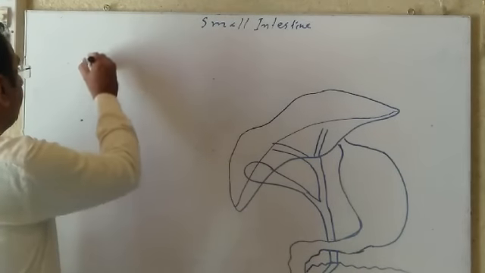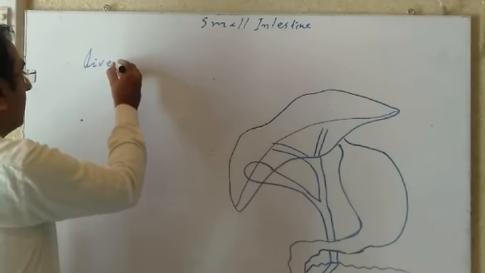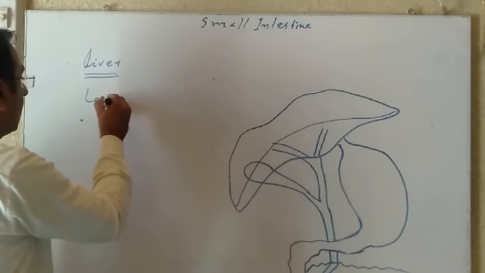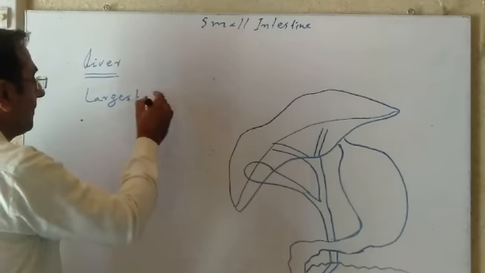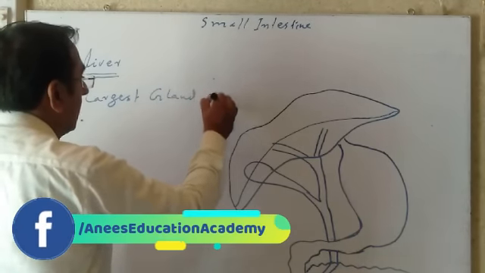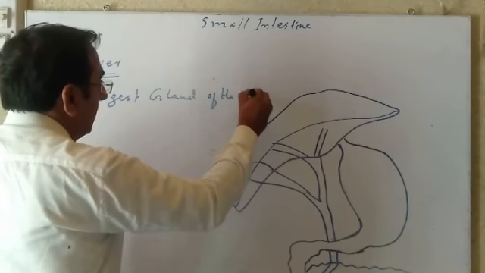The first gland is the liver. Liver is the largest gland of the body.